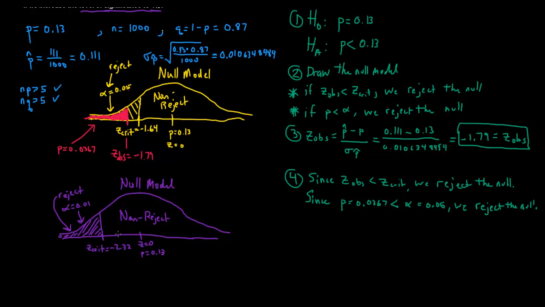Our observed value, z observed equals negative 1.79, is over here to the right. Where does that fall? It falls in the non-rejection region.